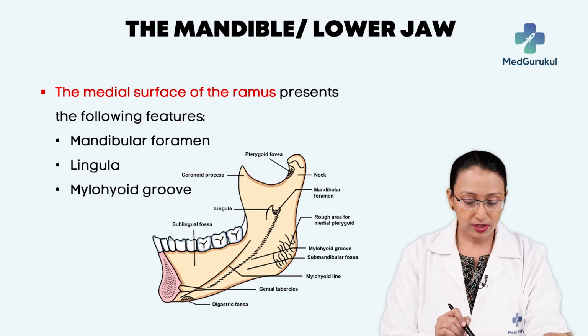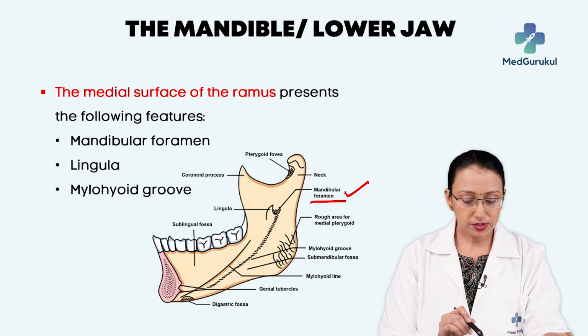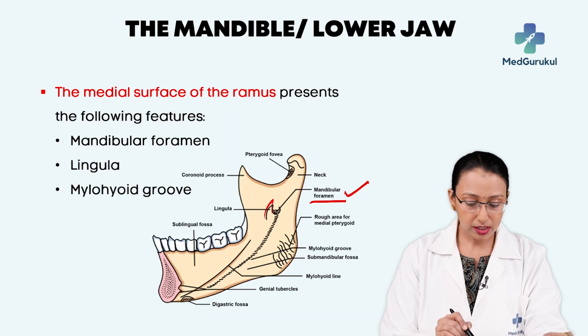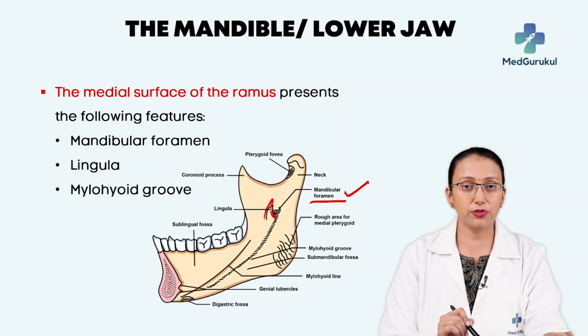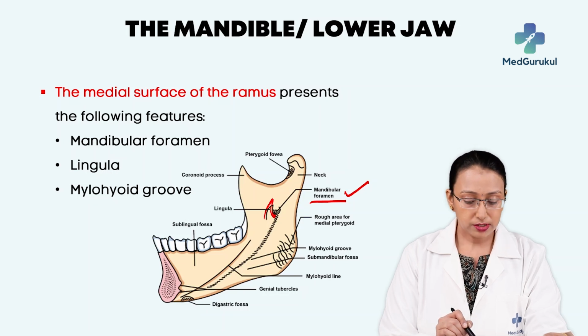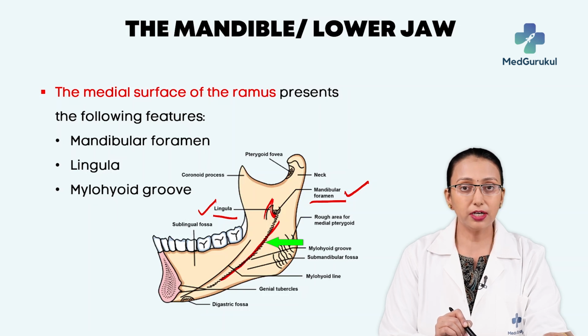The medial surface shows the mandibular foramen. Then it shows the lingula, a tongue-like, spiny projection. Lingula means tongue-like projection, and it lies anterior to the mandibular foramen. Then there is the mylohyoid groove for the mylohyoid nerve and vessels, present below the mylohyoid line.